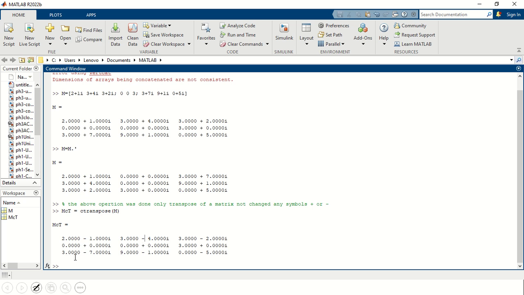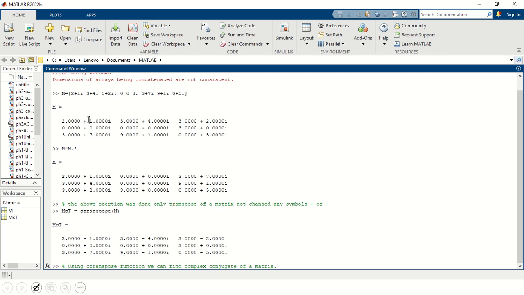So what I can write here is that using the C transpose function, we can find the complex conjugate of a matrix.